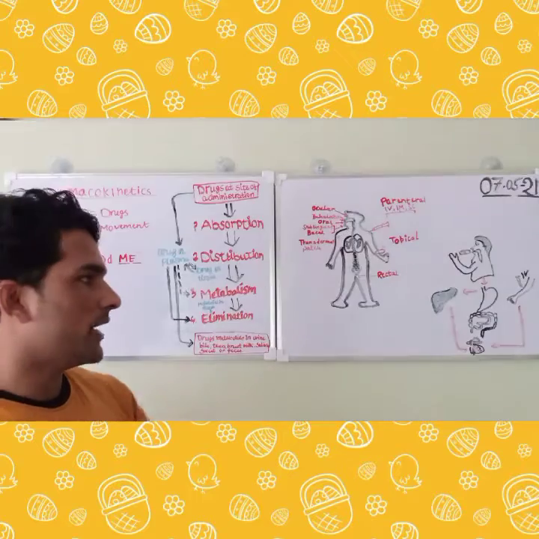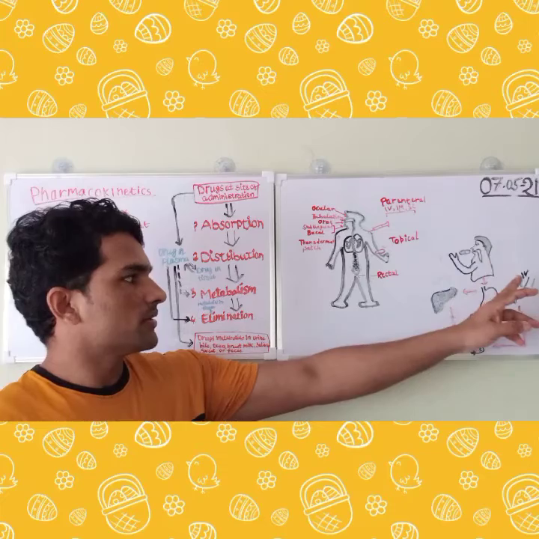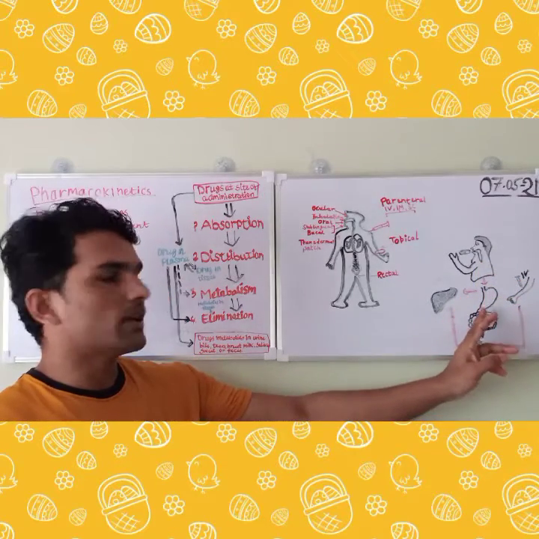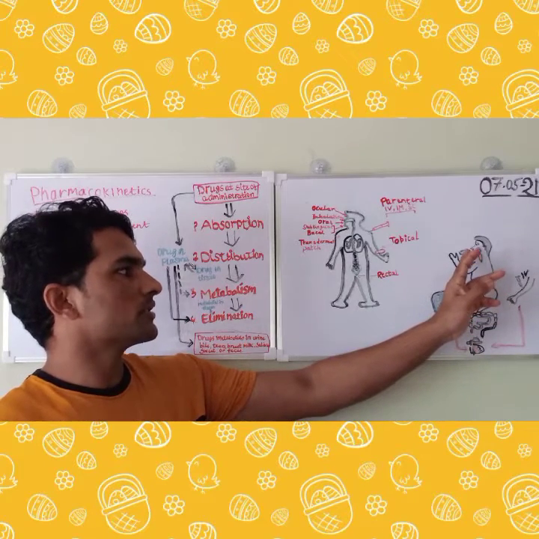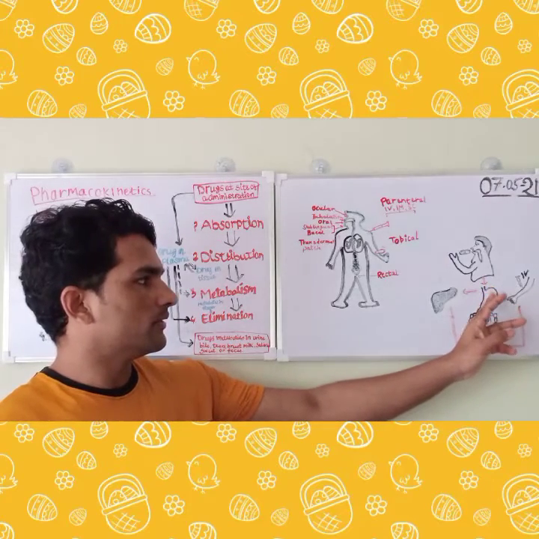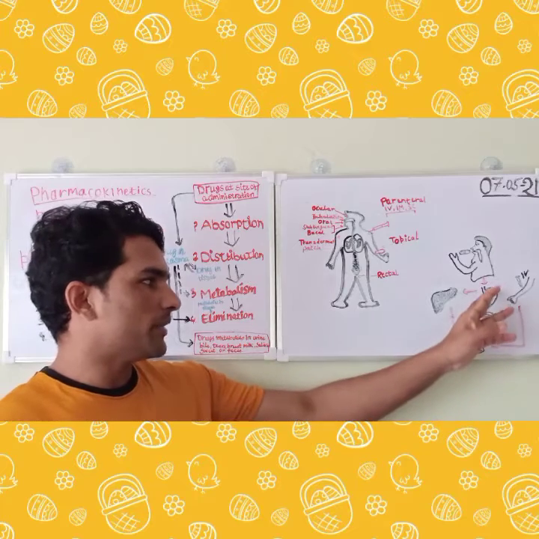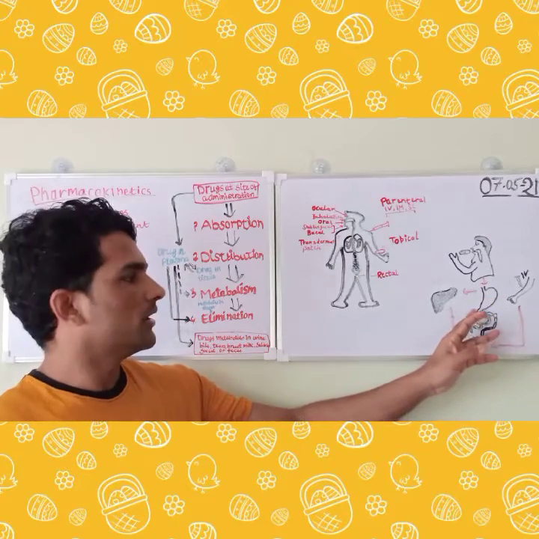So as you can see in this diagram, this is how oral drugs or parenteral drugs go inside the body and how it works. When the person consumes a drug, the drug goes to the stomach, and in the stomach the drug will be broken down. After breakdown, the drug goes to the small intestine, right?